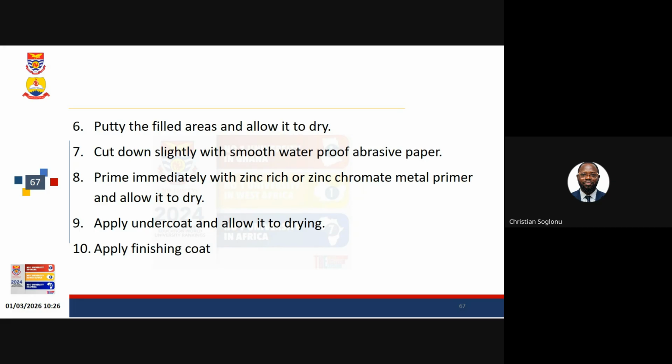So, colleagues, I think putty might be a chemical or a substance that is used to fill. It might be a filler, a dough-like mixture.